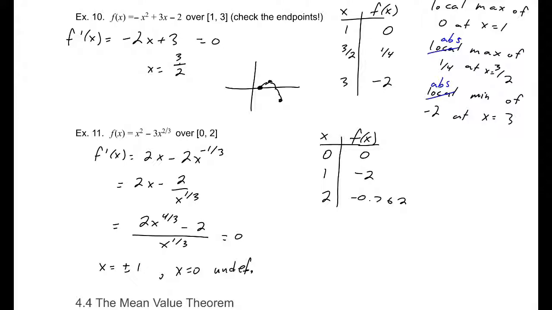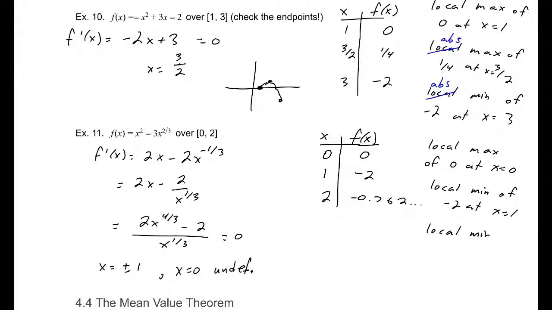Alright, so it appears that we have a local, let's go ahead and call it a max until we see otherwise, maximum of 0 at x equals 0, a local minimum of -2 at x equals 1, and a local minimum of -0.762 at x equals 2.